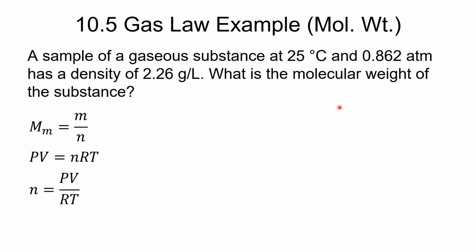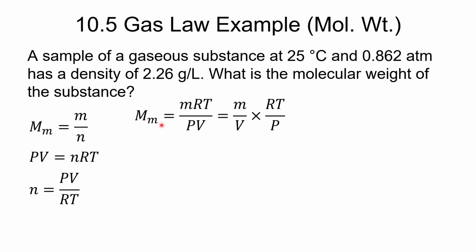So PV over RT is equal to n, the number of moles. All right, well now we're going to take PV over RT and put it in place of n. So when we do that, we get molar mass is equal to mRT over PV.